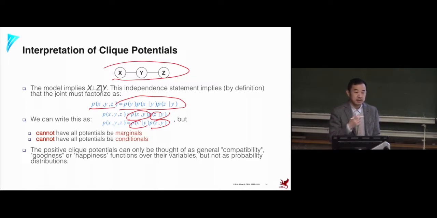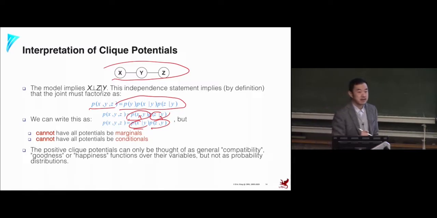When I use the potential language to define the entity, where a potential is defined on cliques, you will see that these two potentials carry different probabilistic meaning already, right? One potential is a marginal or a joint of x and y, and the other is a conditional of z given y. Or if you switch, with another factorization or maybe a combination, then you get the first potential to be a conditional and the second potential to be a joint.